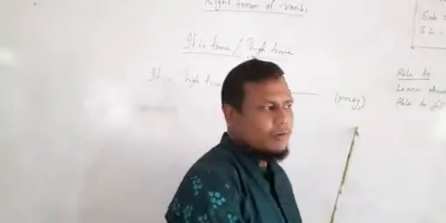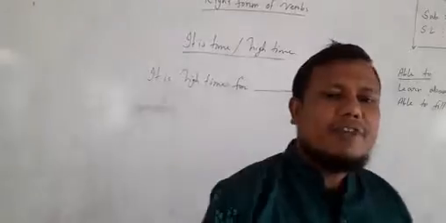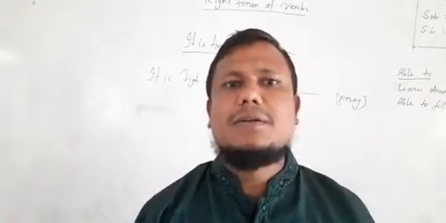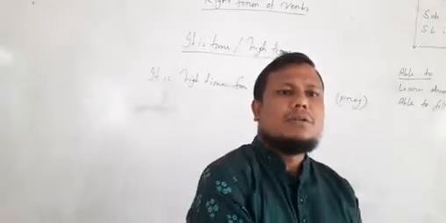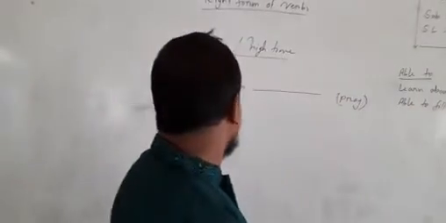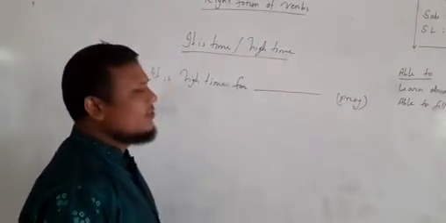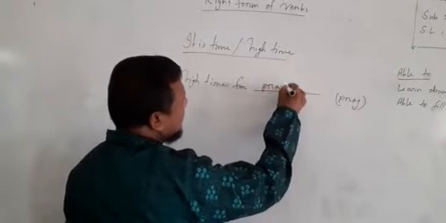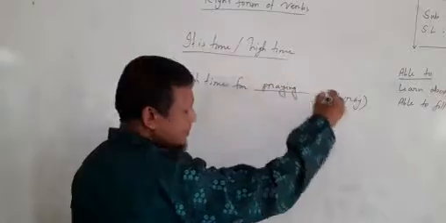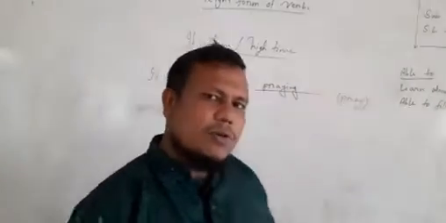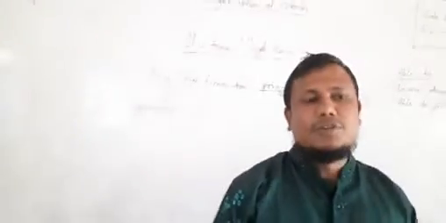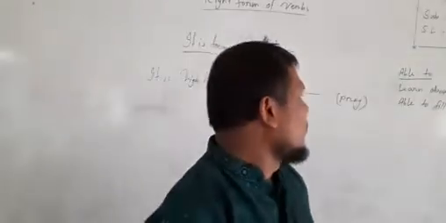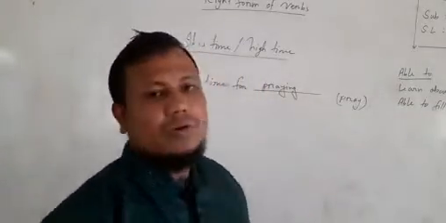Present participle form of verb means verb plus ing. So it is high time for praying, P-R-A-Y-I-N-G. When we find any preposition after time or high time, we use ing with the verb.